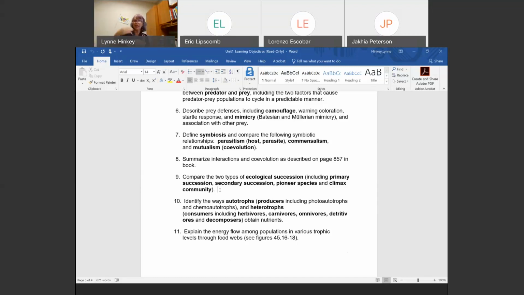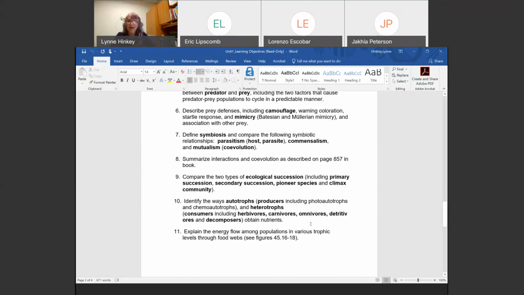Our climax community is going to be relatively stable, actually have lower biodiversity than those in between times as we're progressing through and changing. But to know the two different types, the primary succession and secondary succession.